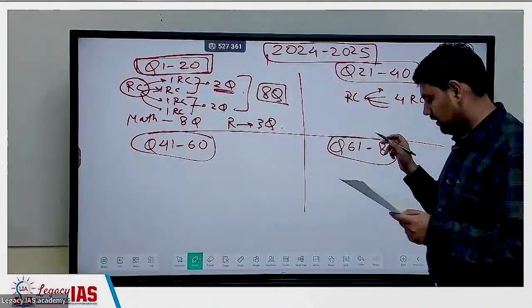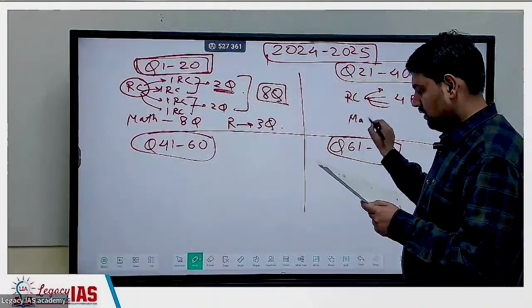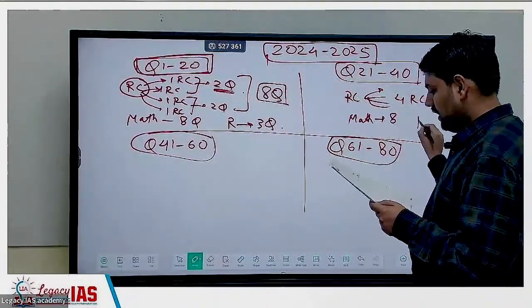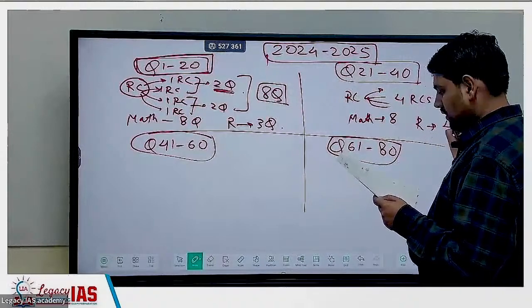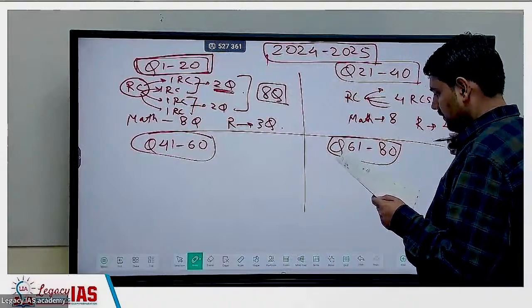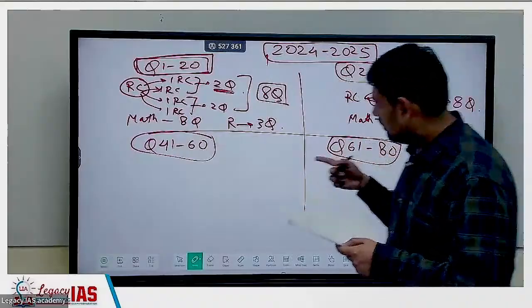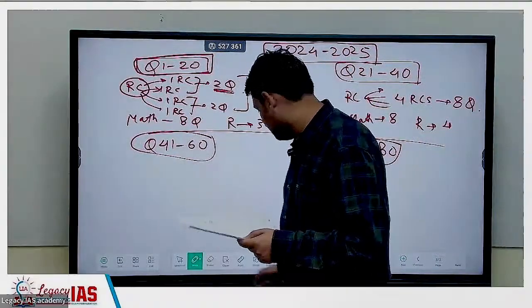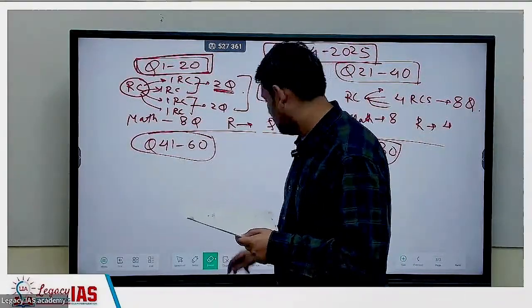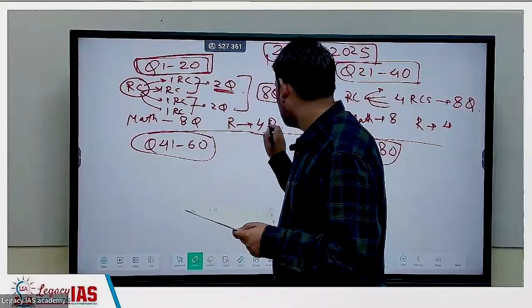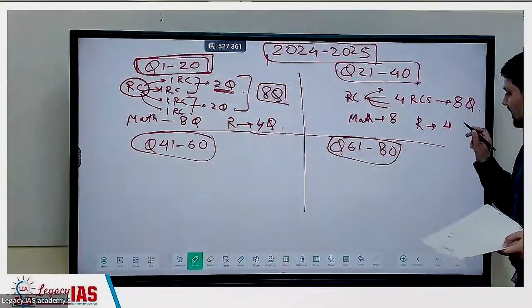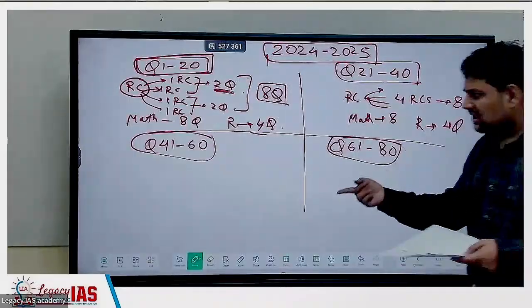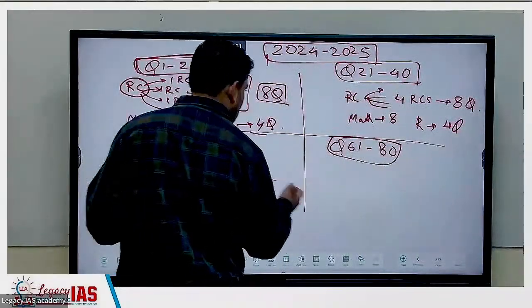Then in math, they had 8 questions, and in reasoning, this is 4 only. So 4 questions of reasoning, exactly the same. Similarly, the pattern was for this.